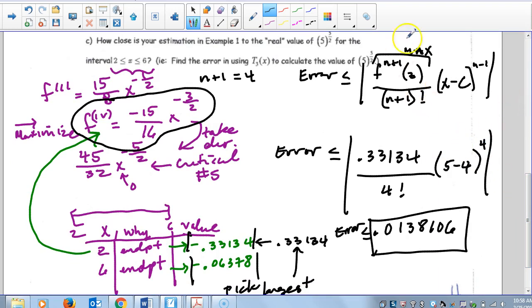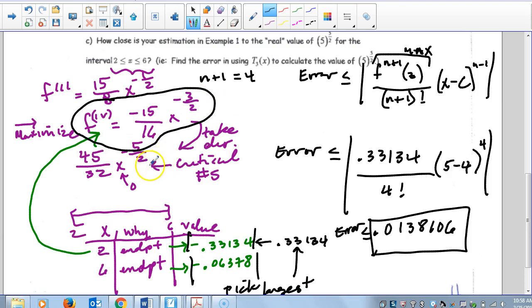So this says you got to take the maximum of the next derivative. So we stopped on the third term, right? The third derivative was the last thing that we used. It says maximize the next derivative. So you got to find the next derivative. If I want to maximize something, I have to find its critical numbers. So I have to differentiate it, which is what this is.